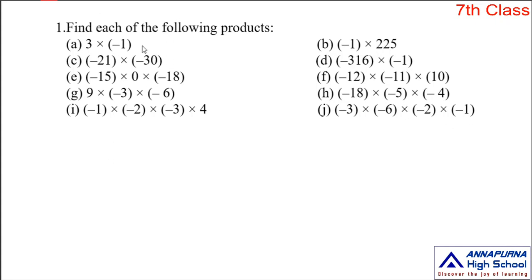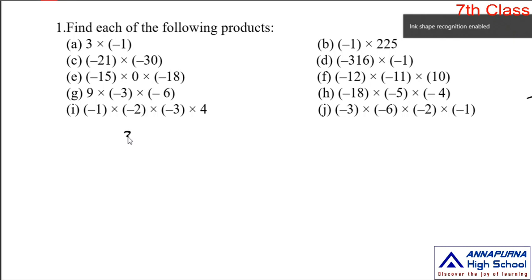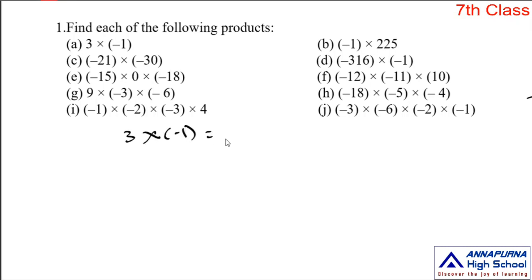If you take the first one, 3 into minus 1. We know that when you multiply any integer by 1, we get the same integer. Here we are multiplying integer 3 by minus 1.